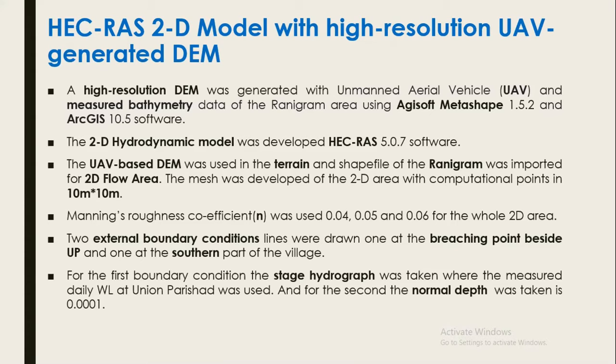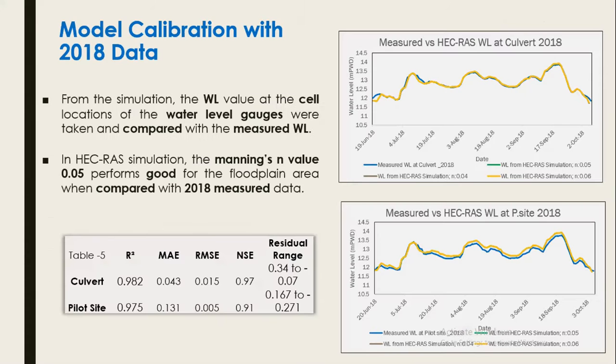The UAV-based DEM was used as the terrain for the 2D flow area, and two external boundary conditions were used, where at the breaching point of Union Parishad, the stage hydrograph was used, and the normal depth was used at the downstream.